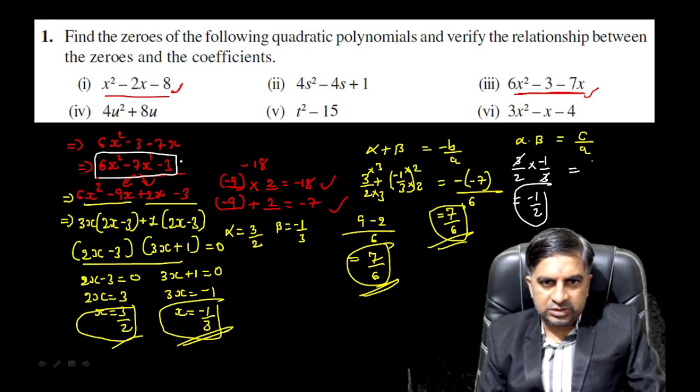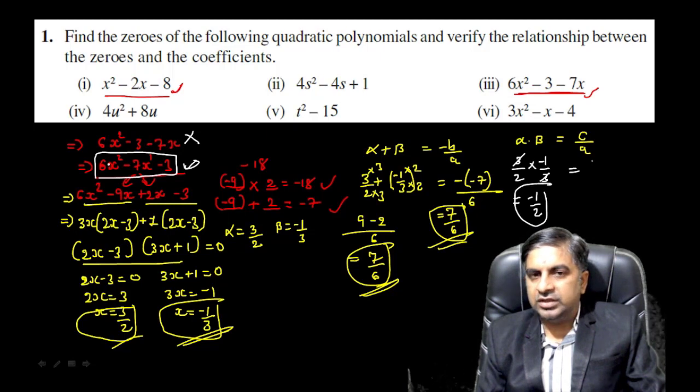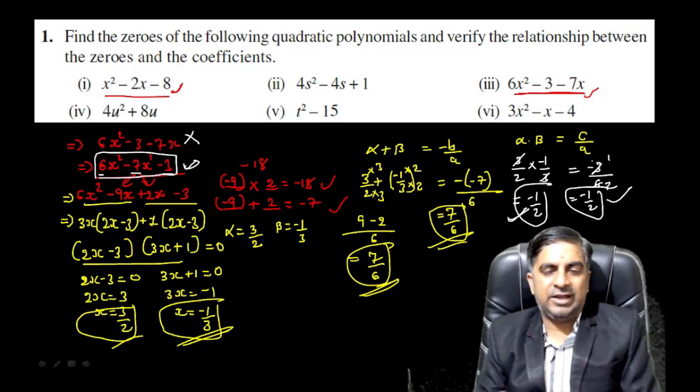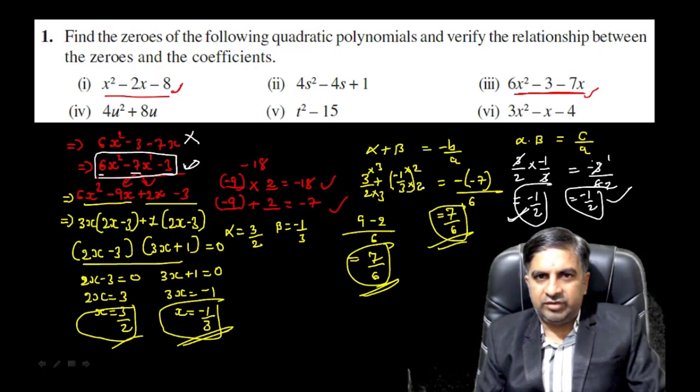You have to see in this equation, not in this one. Now this is your standard form, so always go with this. This will be your a, this will be your b, and this is your c. So here your c is minus 3 and your a is 6. Cancel 3 1s are 3, 2 3s are 6, minus 1 by 2. You can see both answers are the same. So this way we can easily solve.